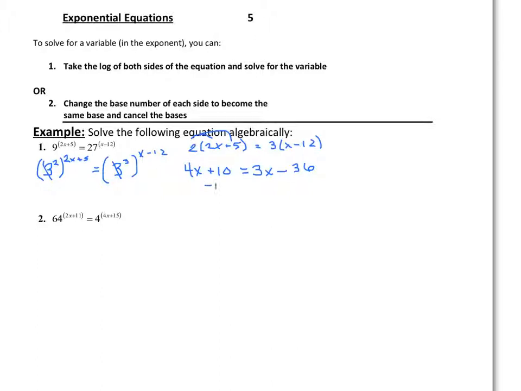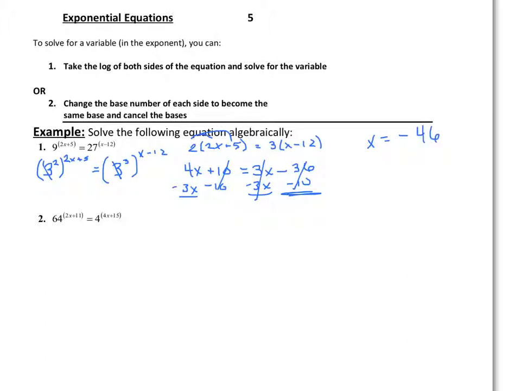So I'd want to subtract 10 on both sides, subtract 3x, so I would get x equals, that doesn't cancel out, negative 46.